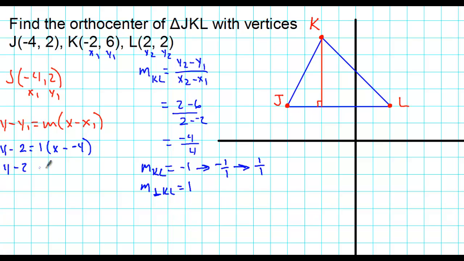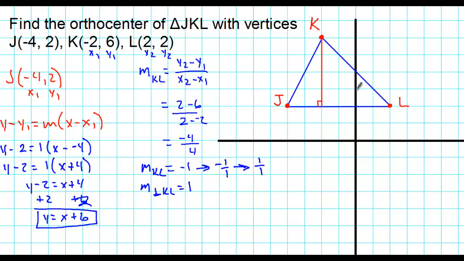So I get y minus 2 equals 1 times x plus 4. So y minus 2 equals x plus 4. So y equals x plus 6. That's the equation of the line that goes through point J and is perpendicular to KL.